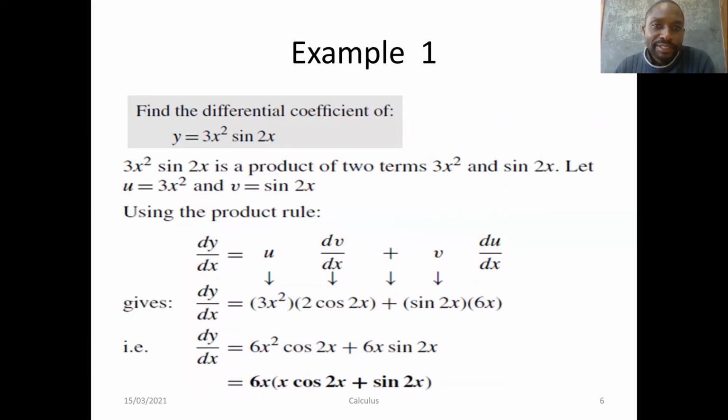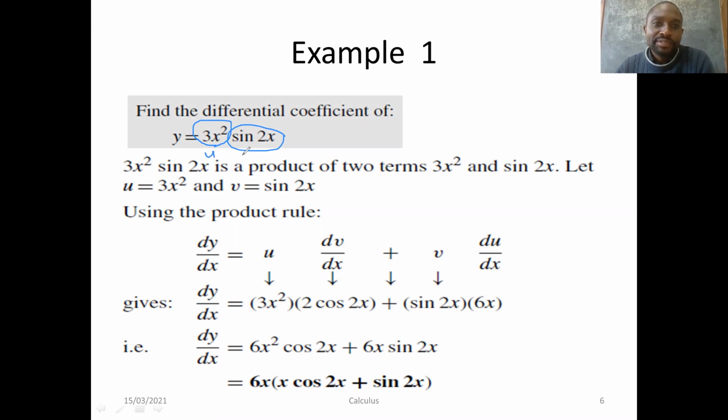Let's do an example. Find the differential coefficient of y equals 3x squared sine 2x. If you look at this example, you'll notice that 3x squared is the first term, while sine 2x is the second term. And the two terms, 3x squared and sine 2x, are being multiplied.